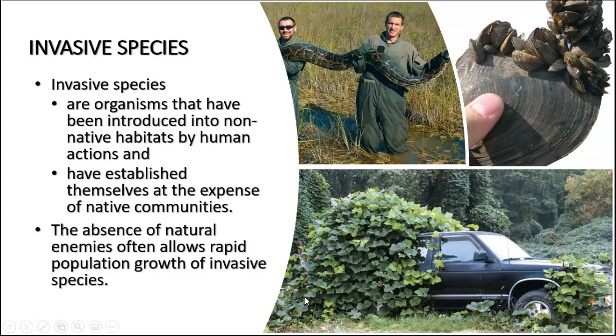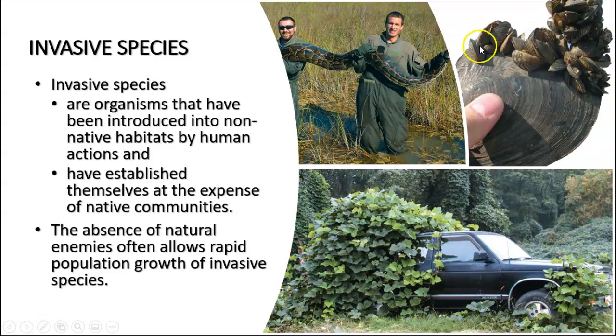It was originally introduced as a way to help prevent erosion, but kudzu didn't have any natural enemies, any animals that really ate it, and it just grows like crazy. You can almost watch it grow as fast as it possibly can, and so there are large areas of the South where they're fighting against the encroachment of kudzu into natural areas.